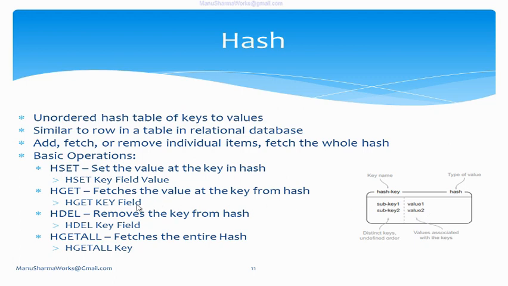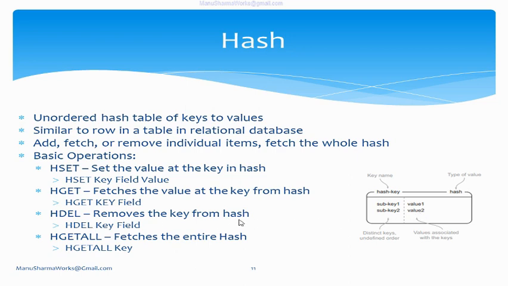In order to get the information of a particular field, we use HGET key and field. So if you want to get the value saved in sub key 2, you will use HGET with the hash key and field sub key 2, and it will return the value 2.